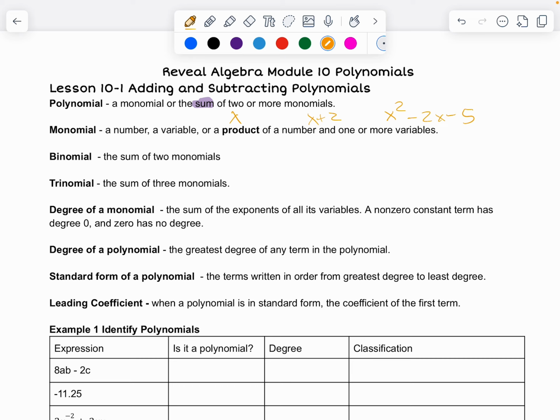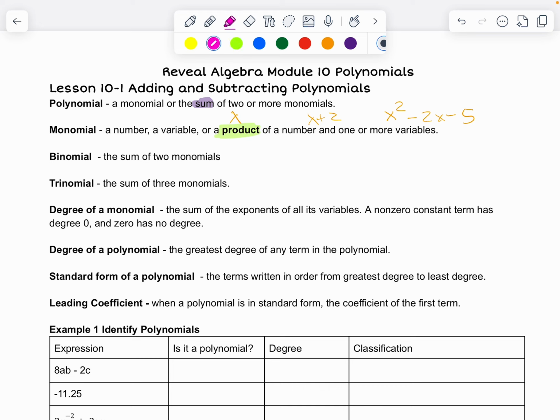Now you may not remember what a monomial is, so let's go over it. A monomial is a number, or a variable, or a product. Notice how it doesn't say quotient, it says product.